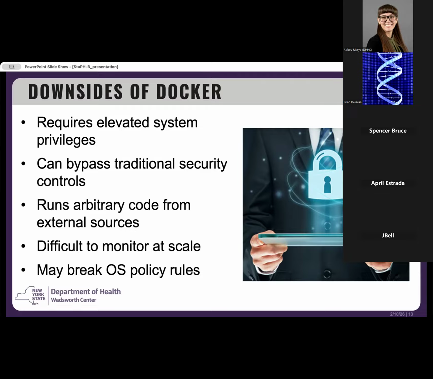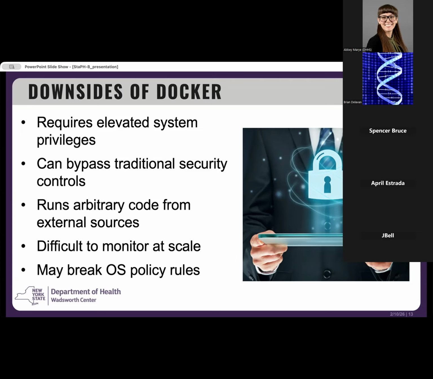Because of this privilege model, Docker can bypass security controls that organizations rely on, and generally you might find that your IT department is scared to death of you using Docker. So this doesn't mean Docker is inherently unsafe. It means it doesn't fit neatly into older security models. And if you work for a state government like mine, you probably have an older IT security model, right?